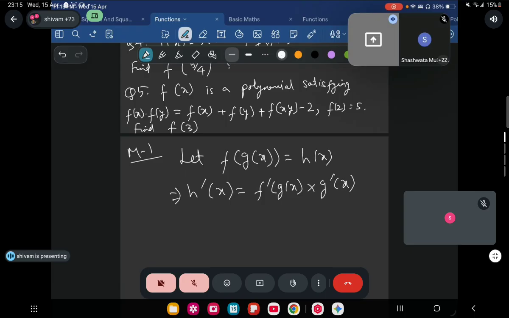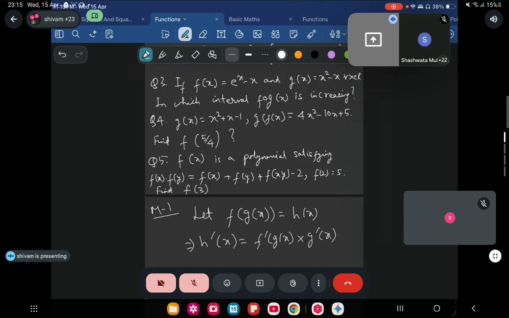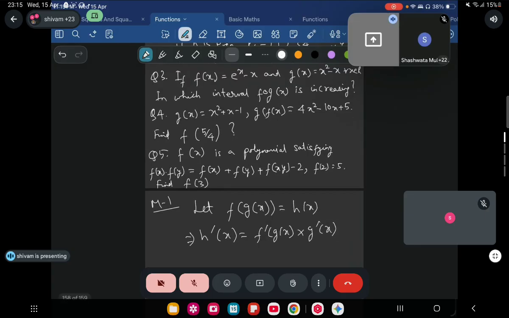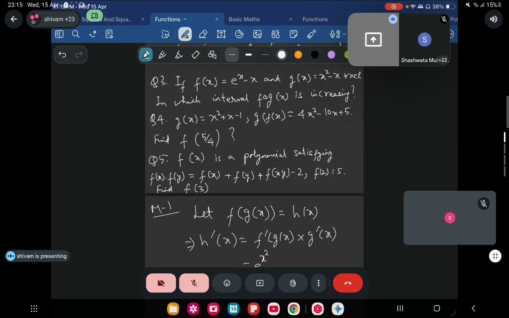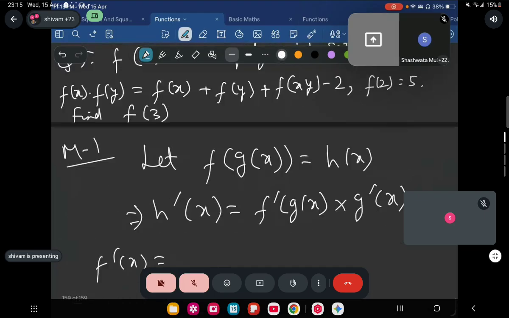Tell me, are you people getting? I've used the chain rule. First of all, I have differentiated f of g of x with respect to g of x, then differentiated g of x with respect to x. Let us substitute f dash g of x. What is f dash x? f dash x is equal to e to the power x minus 1.